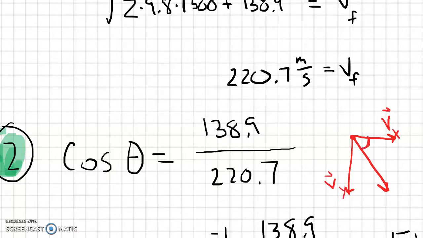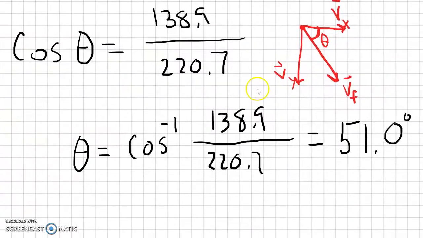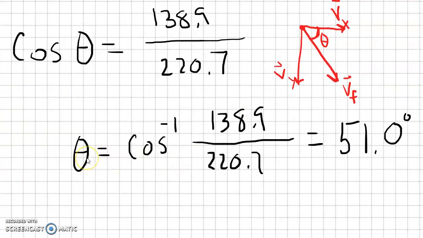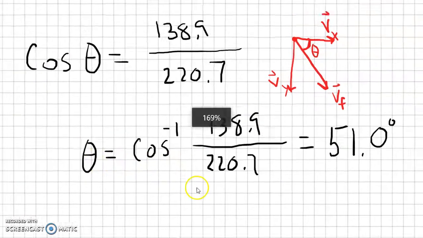And the angle we're looking for is right in here. The cosine is going to use the final velocity and the x component, and that x component was the 138.9. So basically, I end up solving for the angle of about 51 degrees.